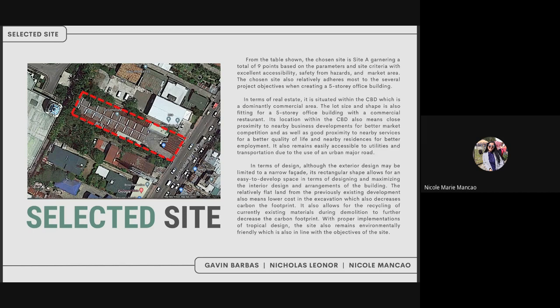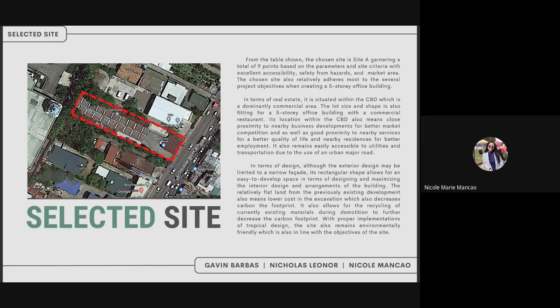It's also accessible to different utilities, transportation, and services due to the use of an urban major road. In terms of design, although the exterior design may be limited because of the narrow facade and limited frontage, its rectangular shape still allows an easy-to-develop space in designing and maximizing the interior arrangement of the building.